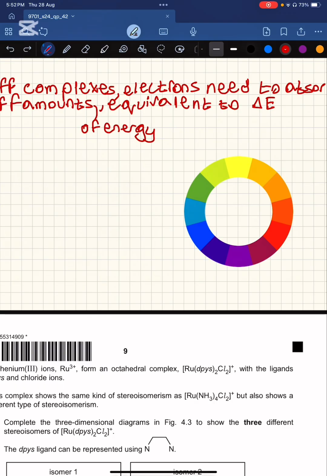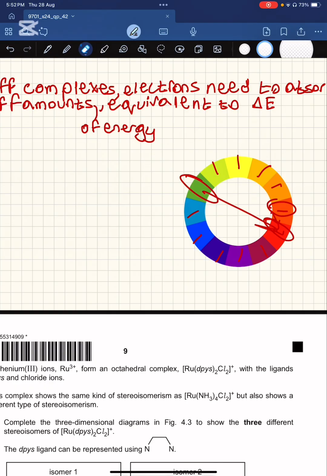I'll repeat. Let's say the electron absorbed this light. So which light should it reflect? It would reflect this light. You know how? This, and this. The mixture of all of these colors will be equivalent to the opposite of this particular color.